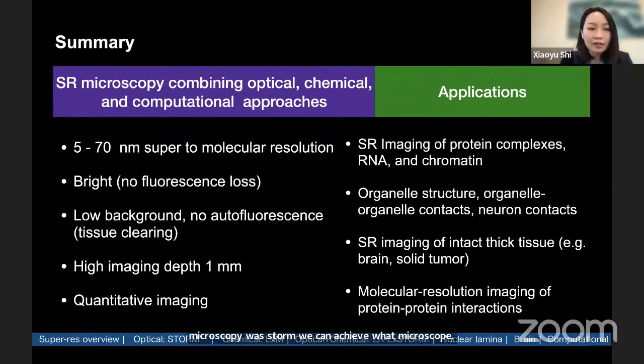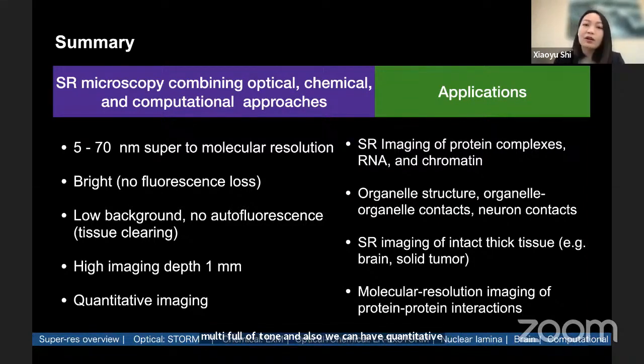And we'll have bright signal, low background, because the gelation and digestion itself is a sample clarity method, so you also suppress the background. And it will give you high imaging depth. If you use 2 photon or multi-photon, it could go up to 1 millimeter. And we can also have quantitative imaging with that.